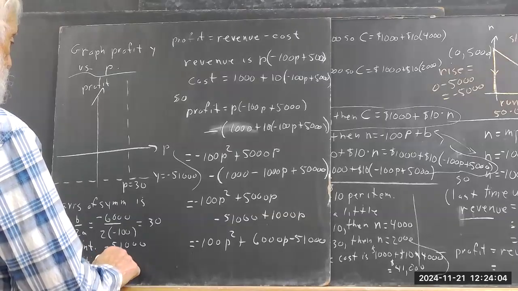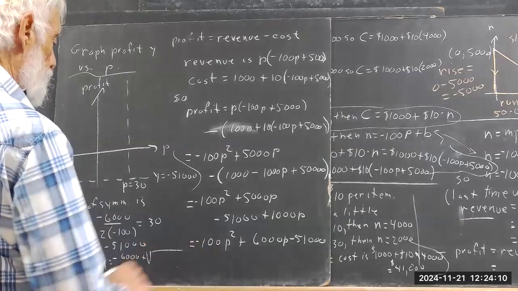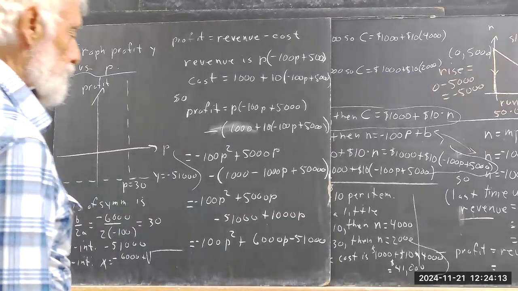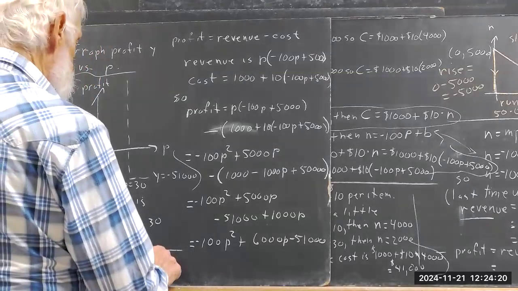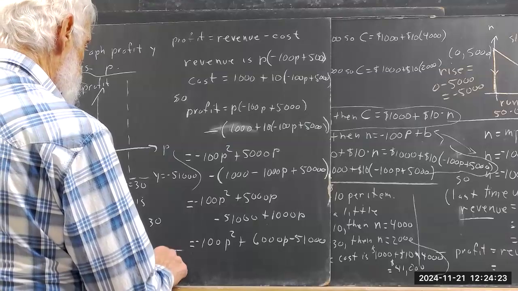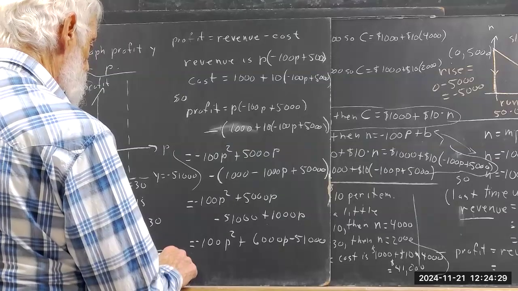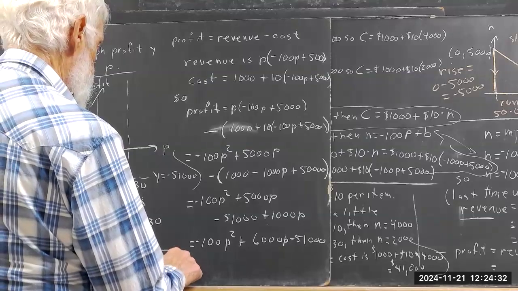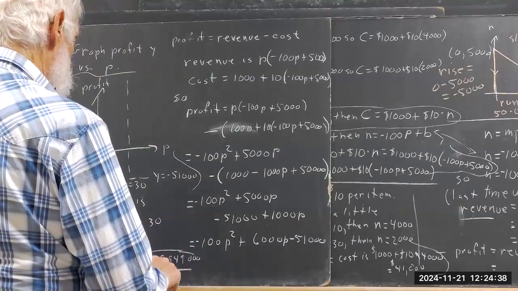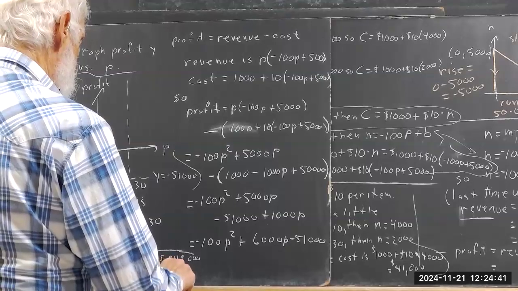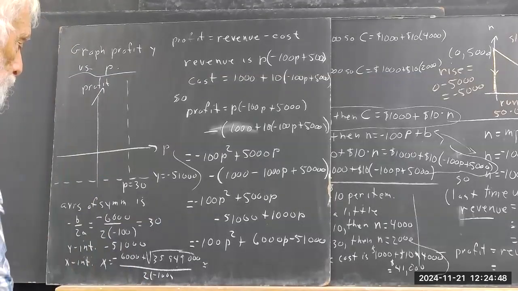X-intercepts are at X equals negative 6,000 plus the square root of 6,000 squared, which is 36 million, I'm sorry, so that would be 35 million 949,000, over 2 times negative 100. Okay, well, this divided by this is like 30.